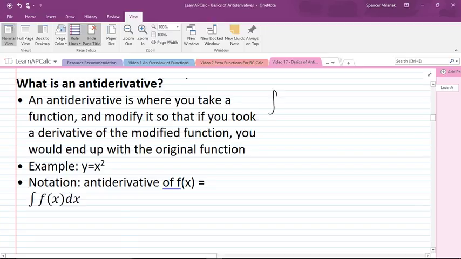And so the antiderivative of sine of x, which is written like this, is essentially what function, if we took its derivative, equals sine of x.